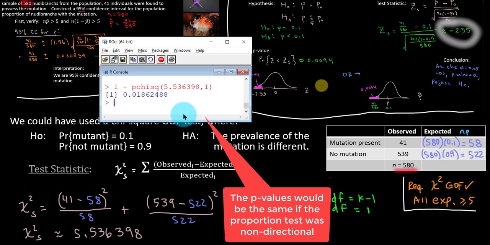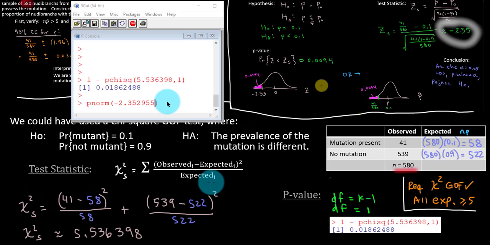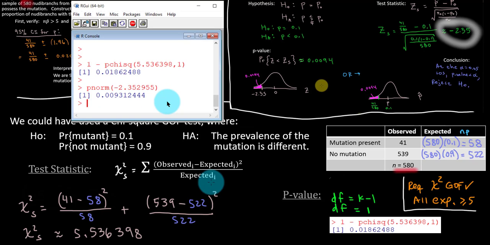A small p-value, as expected, because we know we should be rejecting the null hypothesis. Even though these p-values are not the same, it's because the p-value from the proportion test was only one-tailed, and therefore we did not double this 0.009.